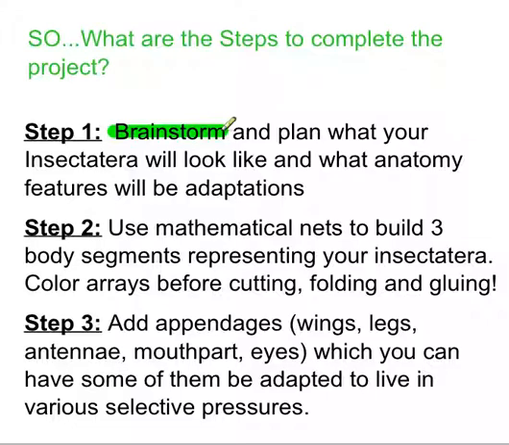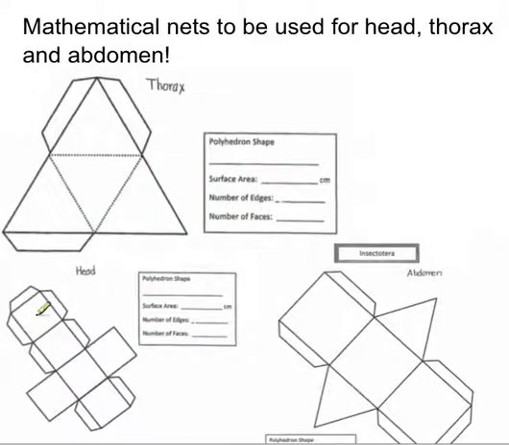Second thing you're going to do is you're going to use these nets. They're going to be given to you by your teachers, and you're going to cut them out. I'd color them first if you're going to, because it's a little hard to color once you glue the nets together, but one's going to be used for the head, the thorax, and the abdomen.